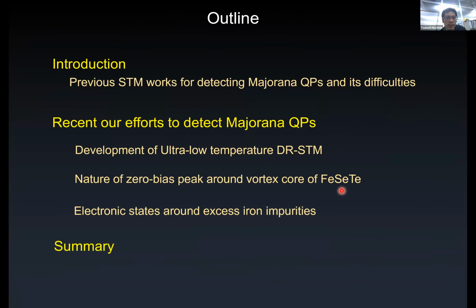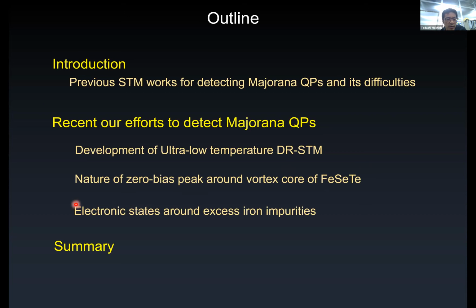Okay, so this is the outline of my talk. First of all, I would like to briefly introduce the previous STM works for detecting the Majorana quasi-particle in topological superconductor candidate systems. And then after that, I would like to show you our recent efforts to detect the Majorana quasi-particle in topological superconductors, including the development of the ultra-low temperature STM and the observation of the zero energy peak around the vortex core of the selenium-doped iron telluride, which is one of the iron-based superconductors.